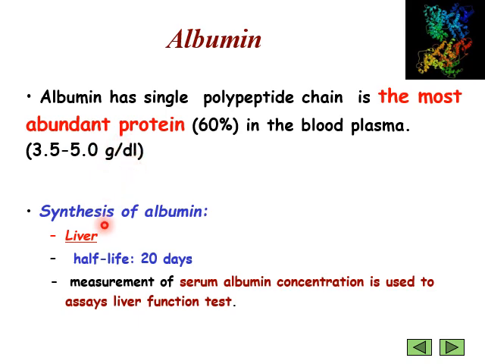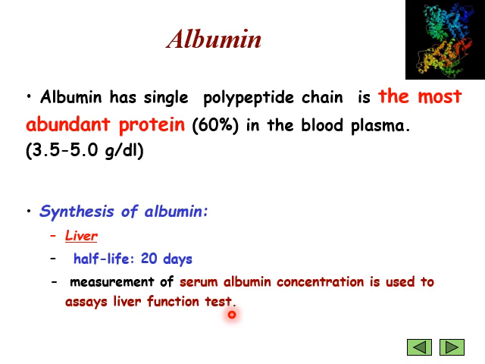Where is it synthesized? It is synthesized in the liver, as are other plasma proteins. Its half-life is about 20 days, and its measurement is very useful in the liver function test, because the liver is the factory which is synthesizing this protein, albumin.